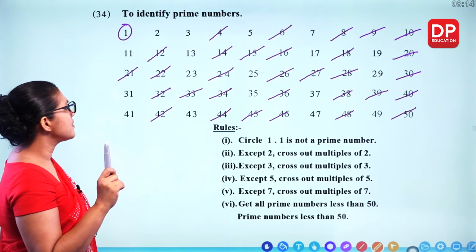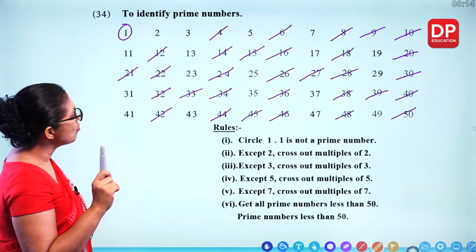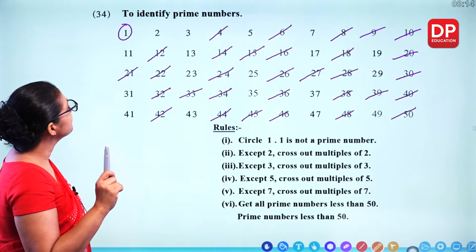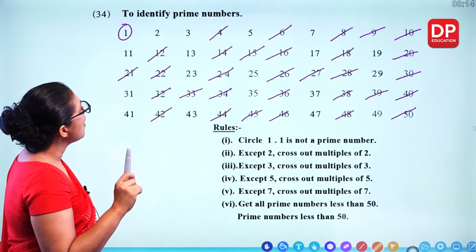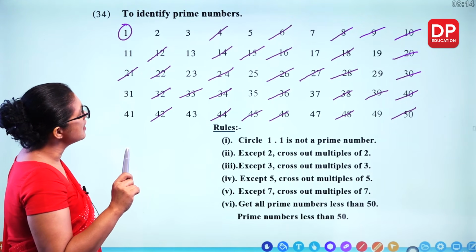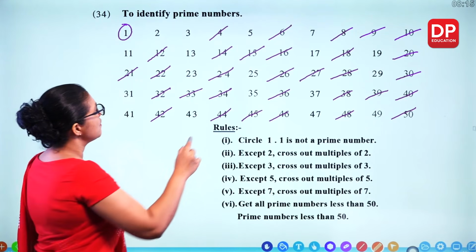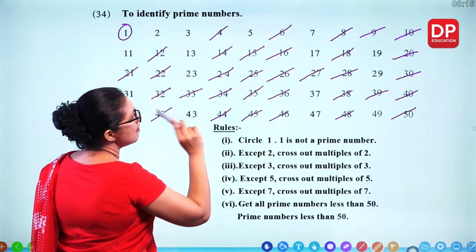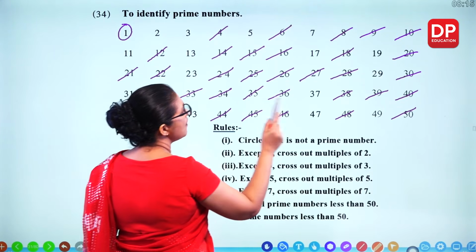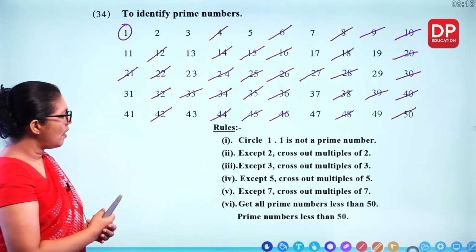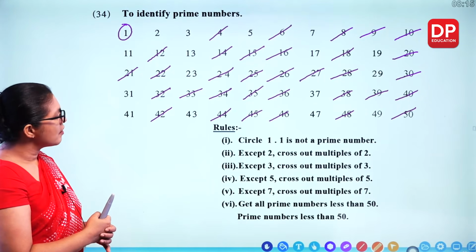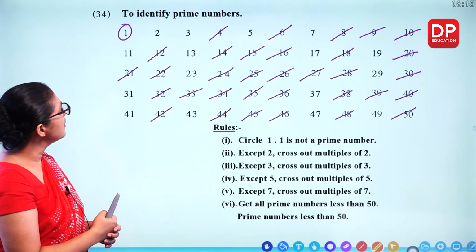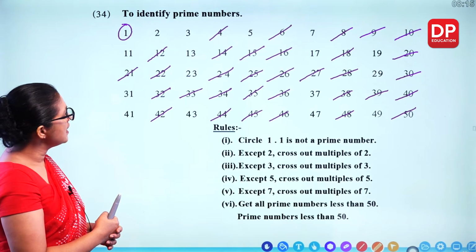Now the next one, except 5. Cross out all multiples of 5: 5, 10, 15, 20, 25, 30, 35, 40, 45, 50. Now, except 7. Cross out all multiples of 7: 7, 14.